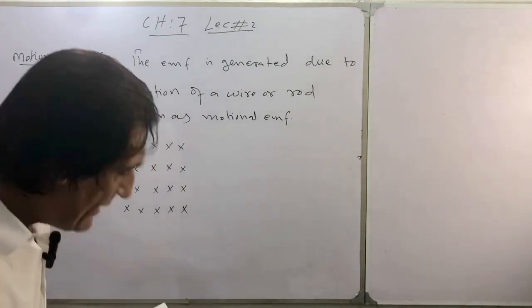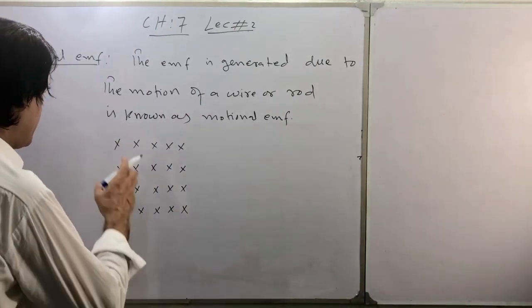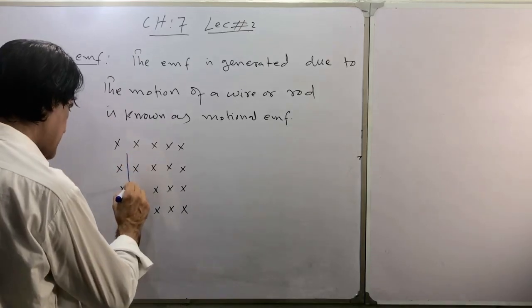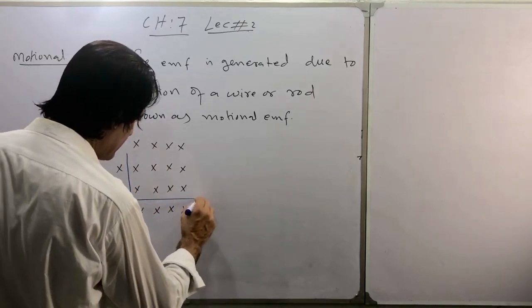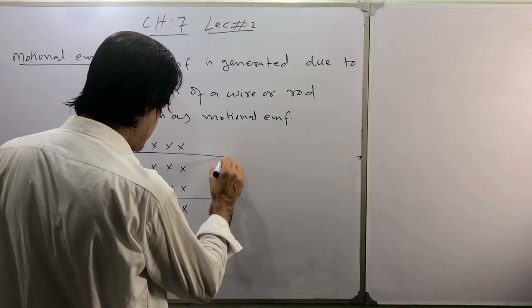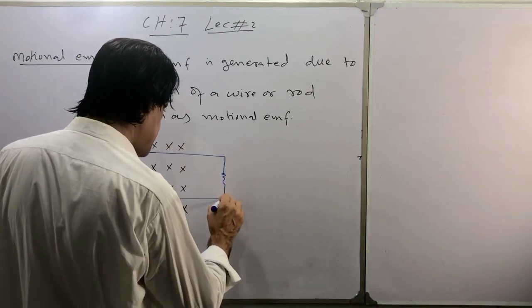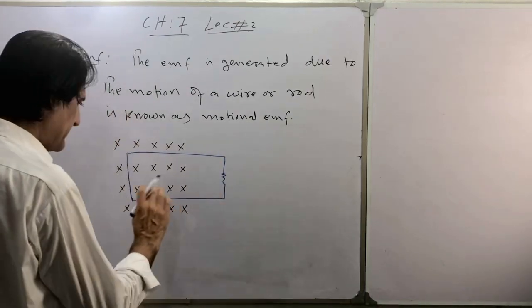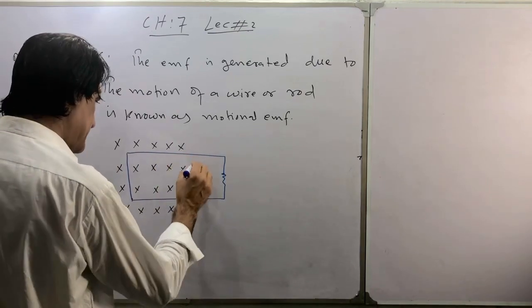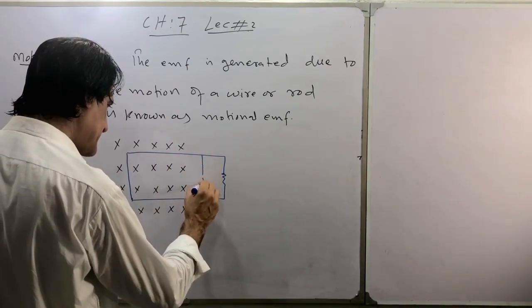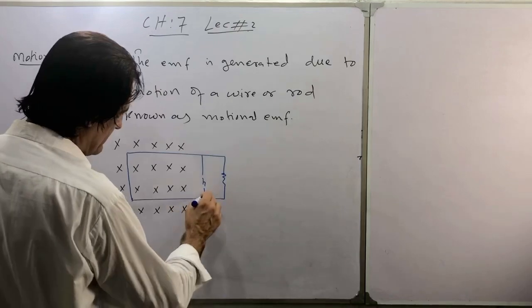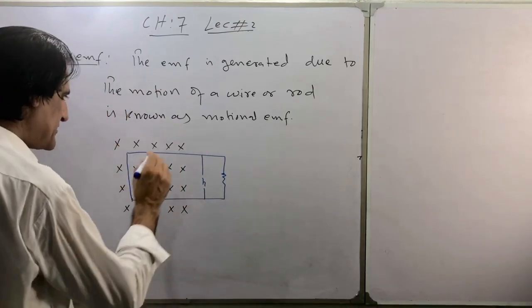And here we have a wire, and here there is some resistance or a bulb, or anything, and the height of this loop is h.